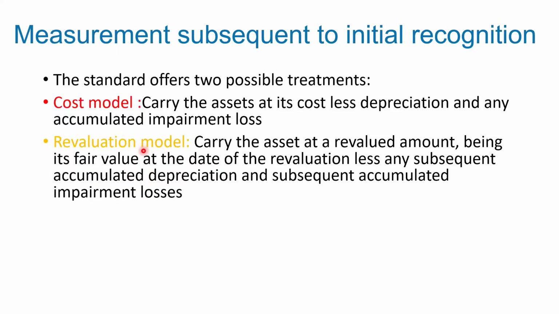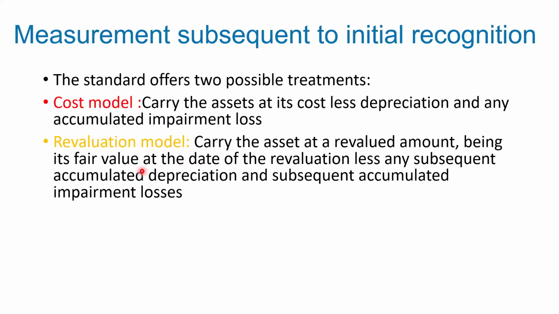If you are using the cost model in subsequent years, you have to carry the item at its carrying amount. By carrying amount, I mean cost minus accumulated depreciation minus accumulated impairment losses. So in subsequent years, carry the item of PPE at the carrying amount, cost minus accumulated depreciation minus accumulated impairment losses, if you are using the cost model.